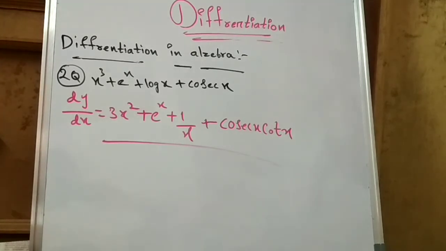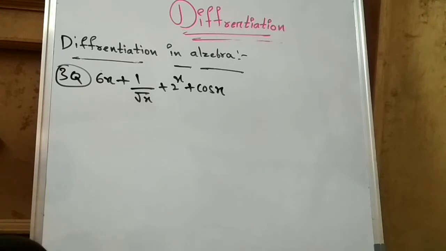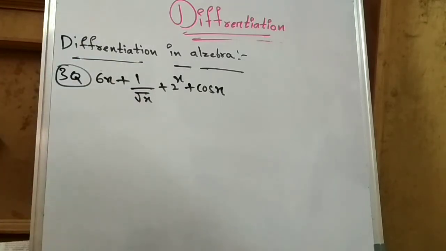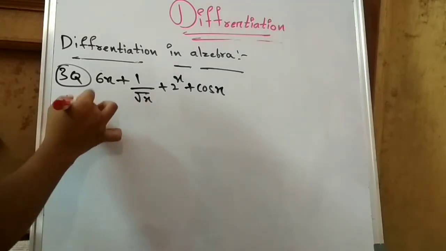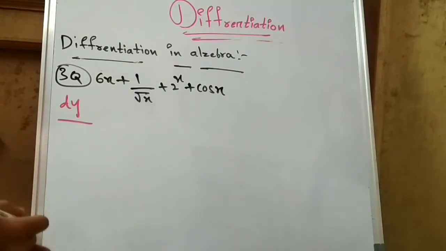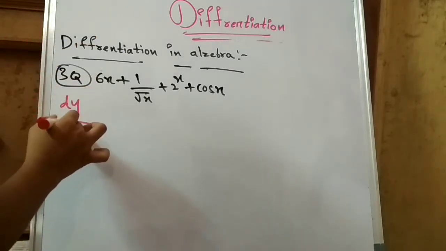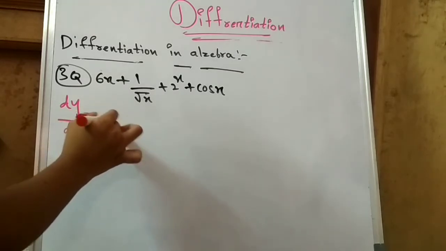Moving on. Here 6x. Now we know 1 by root x is x to the power of minus half. First let's do 6x. It is n x to the power of n minus 1. So dy by dx is equals to 6.